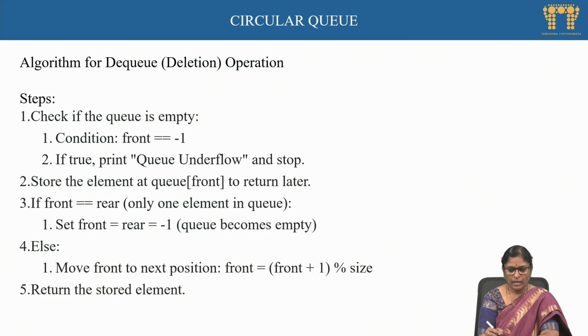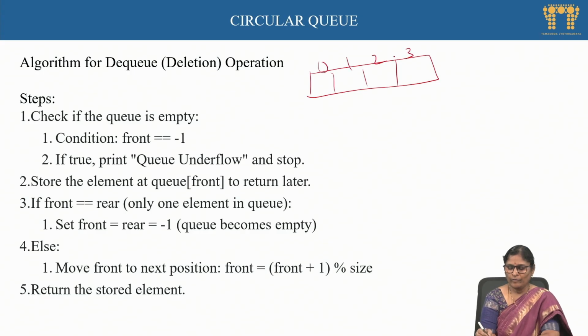Now coming to the DQ, that is whenever I want to perform the deletion operation in a circular queue. When this circular queue is empty, meaning front equal to -1, in this case your circular queue will be underflow. So you cannot delete elements whenever the queue is empty.